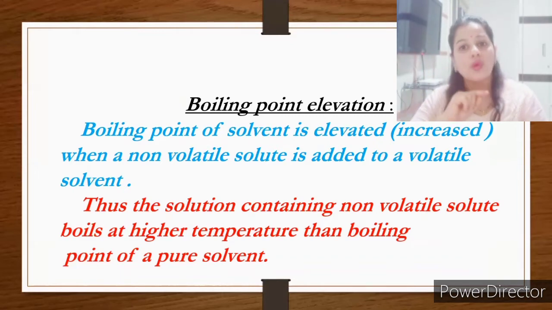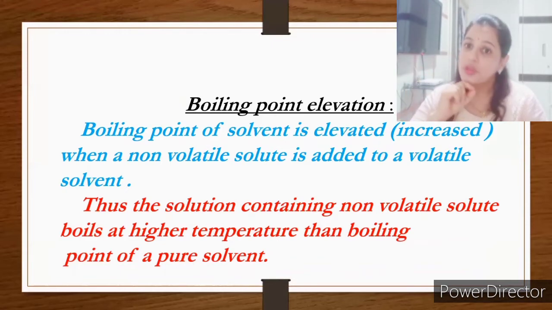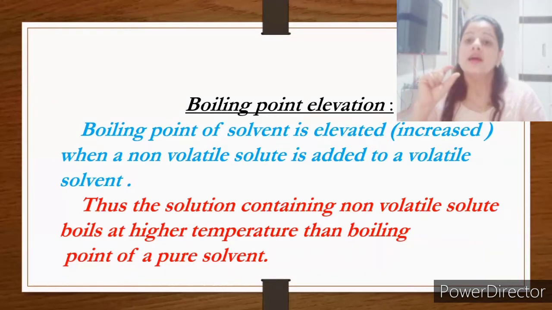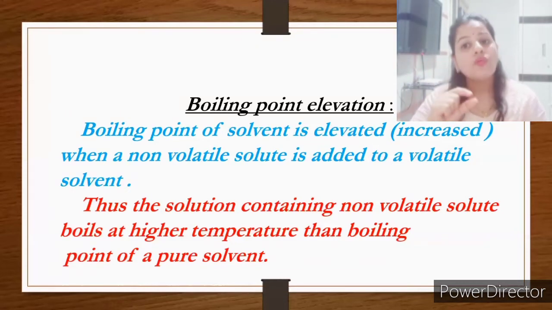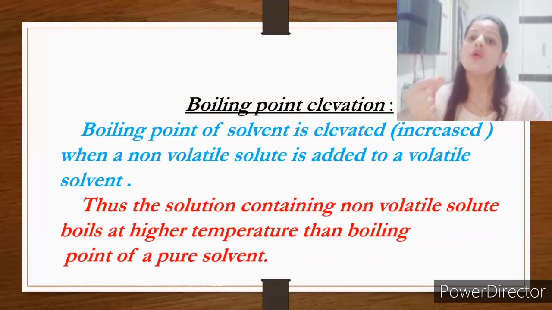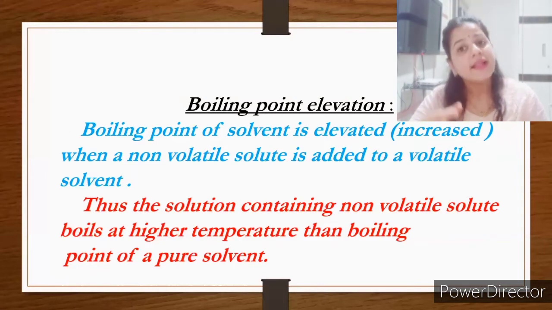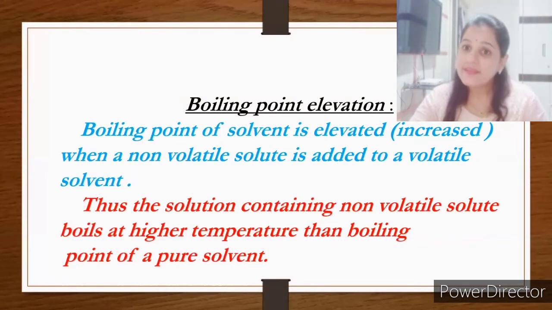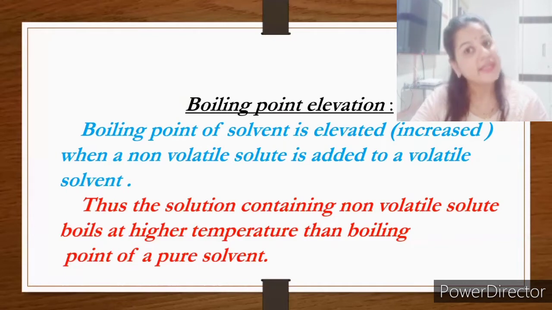When we add a non-volatile solute to a particular solvent. If we add a non-volatile solute to a volatile solvent, then the boiling point of that solvent increases, and this is nothing but boiling point elevation.